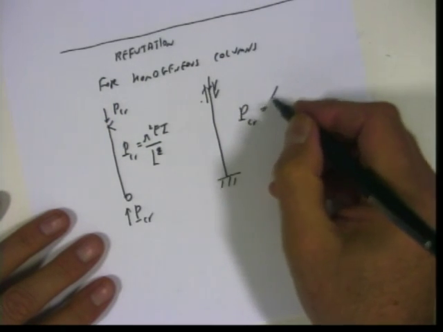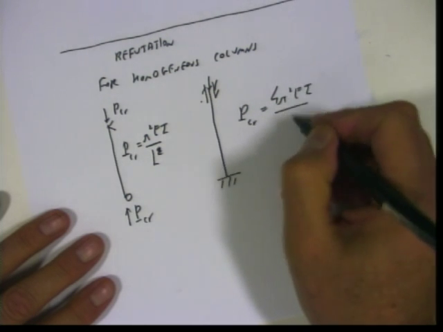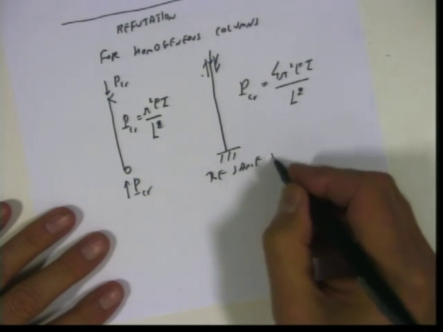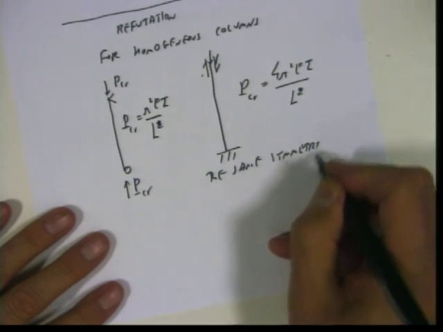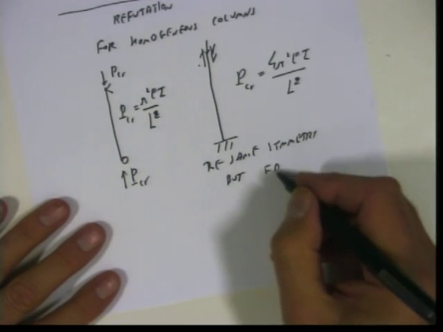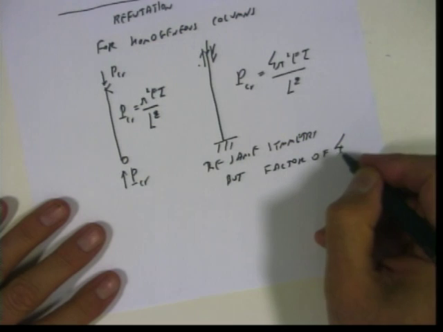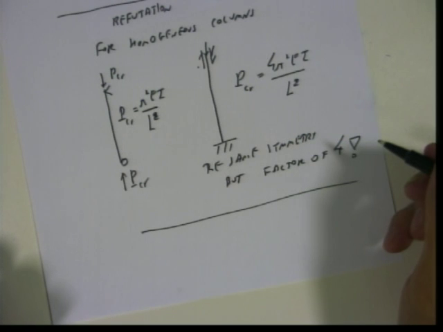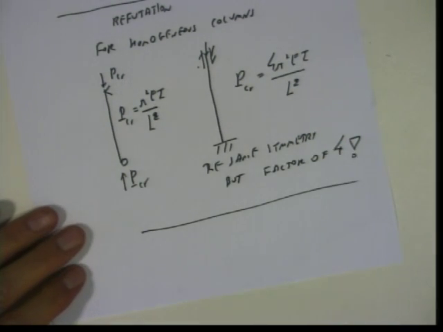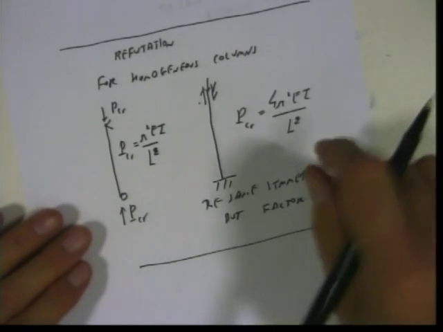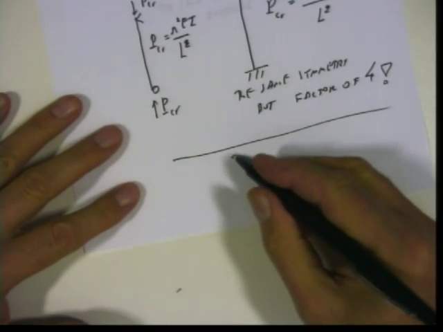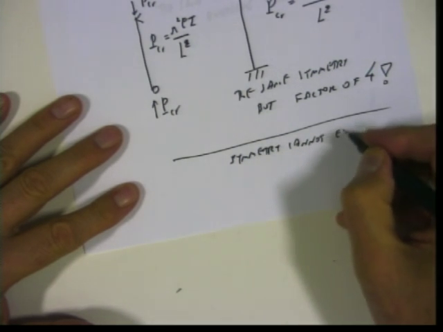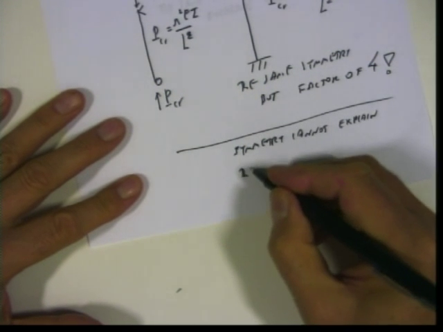Here, P critical equals 4 pi squared EI over L squared. So there is the same symmetry, but a factor of 1, a factor of 4. So that is what is happening. Symmetry cannot explain the paradox.